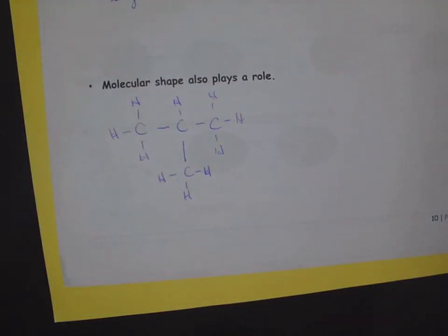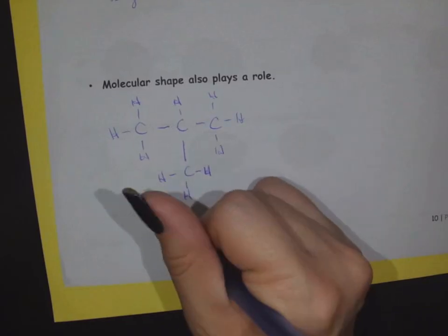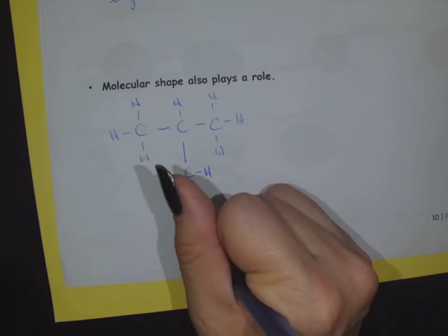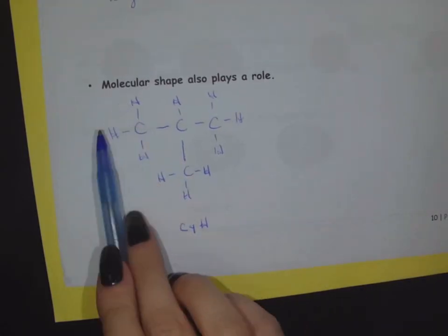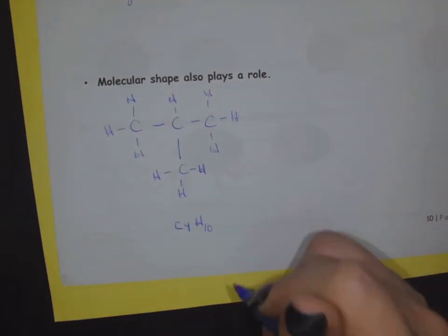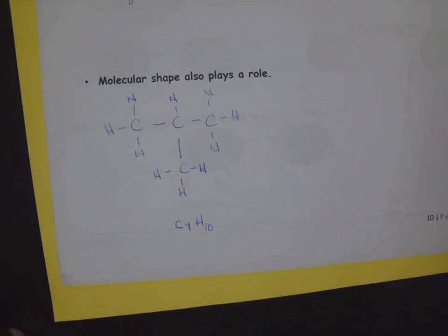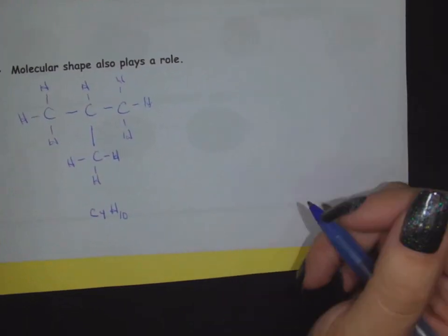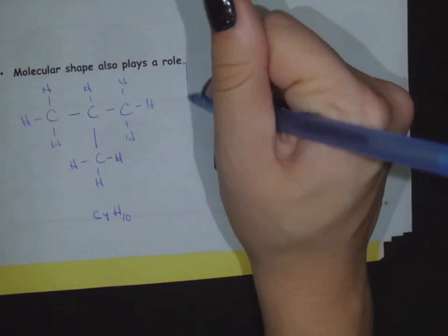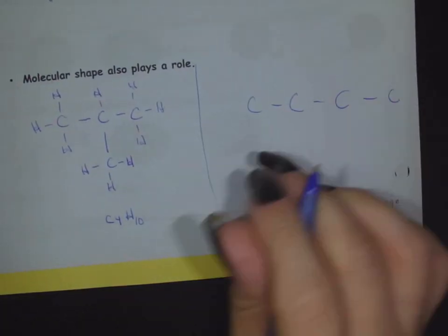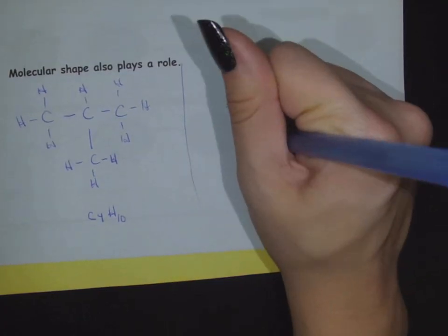So this is C4: 1, 2, 3, 4, H, 1, 2, 3, 4, 5, 6, 7, 8, 9, 10. Just like before, C4H10. But we have another molecule that also has the formula of C4H10, and it looks like this.